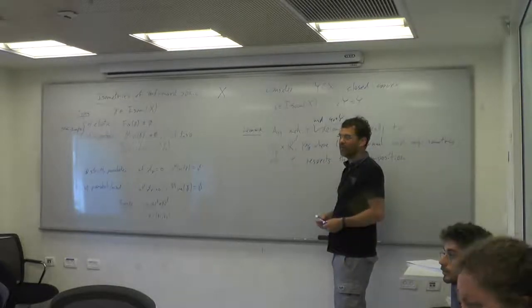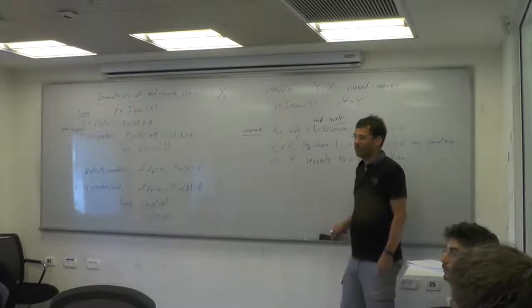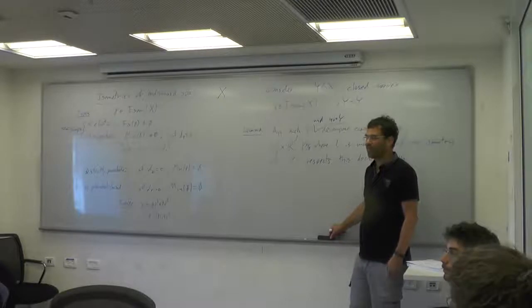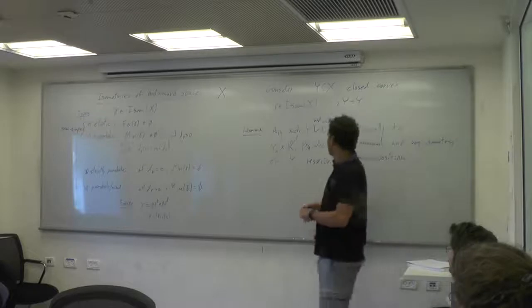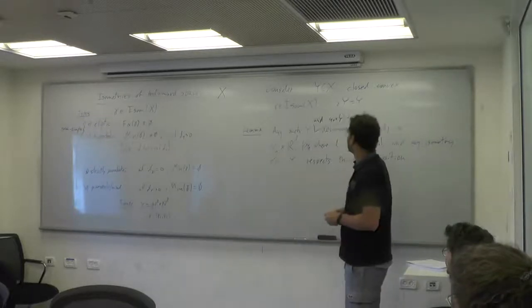But even if it's not bounded, it doesn't have to be. Oh, it's closed. Okay. If X is Euclidean, what do you require of Y1?